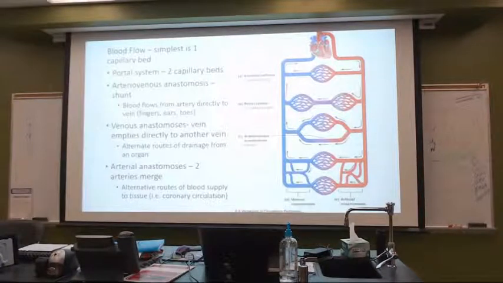All right. That was where that portal system, you have blood flow come in, reaches a capillary bed, and it'll go to a second capillary bed before it enters back to the bloodstream.